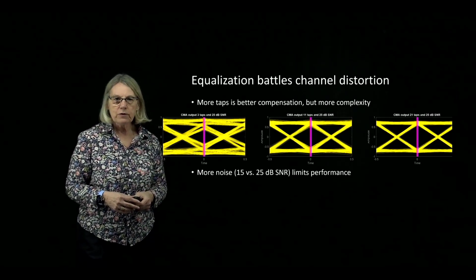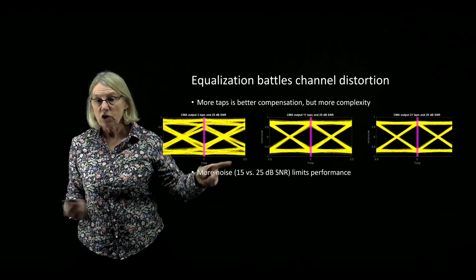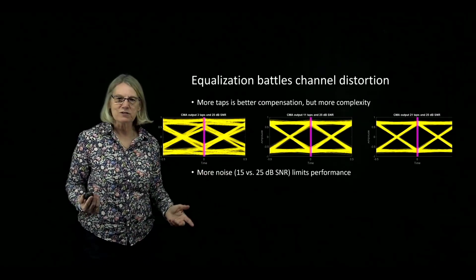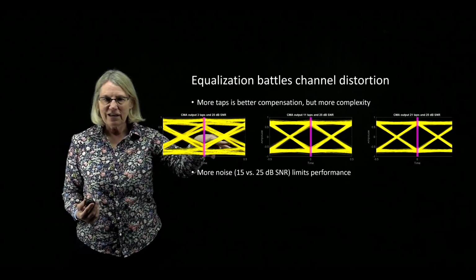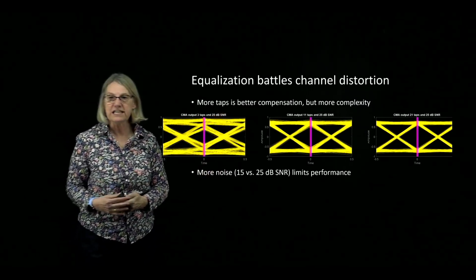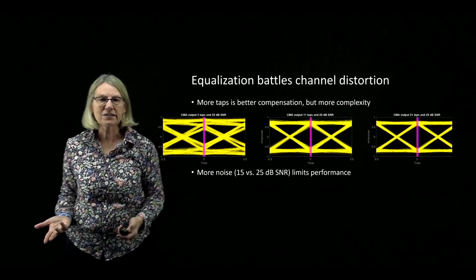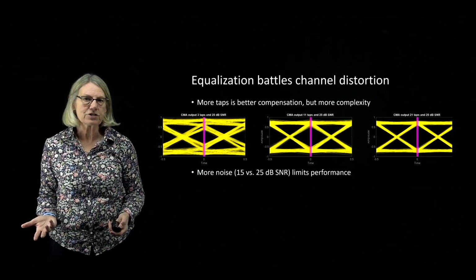So now I'm going to add some more noise. The examples I gave you had distortion, but a very strong optical signal-to-noise ratio. Now I'm going to go down to 15 dB signal-to-noise ratio, and that is going to, of course, have an impact on what the CMA algorithm can accomplish.